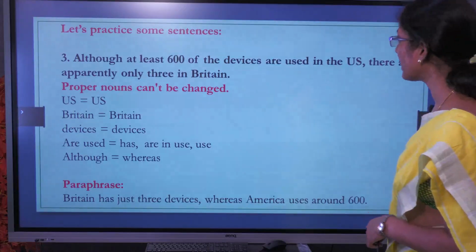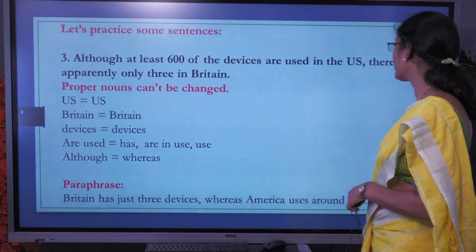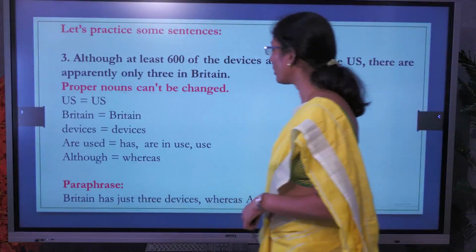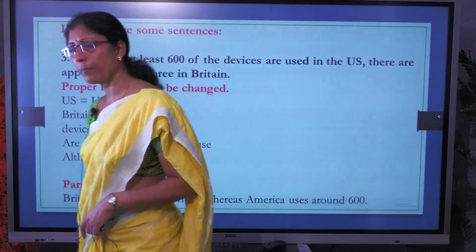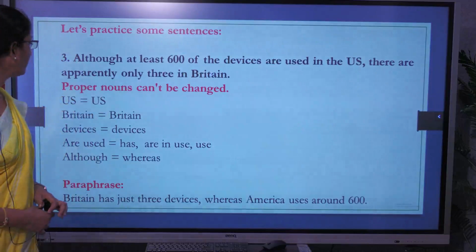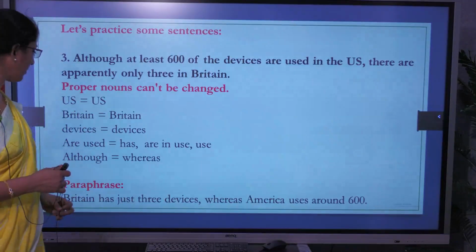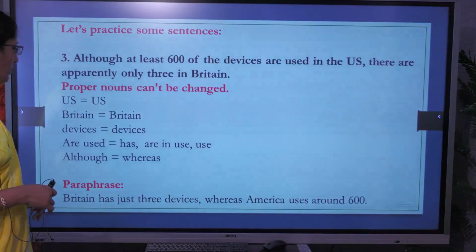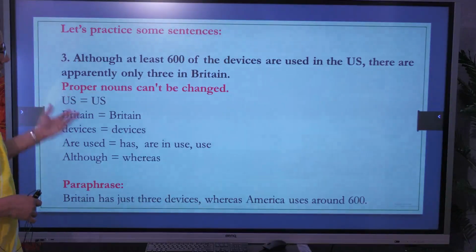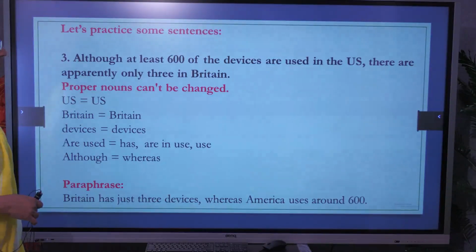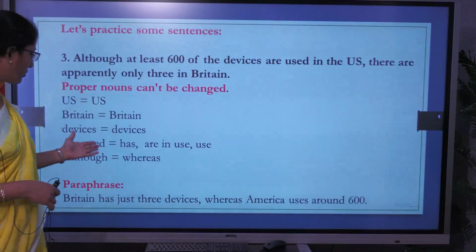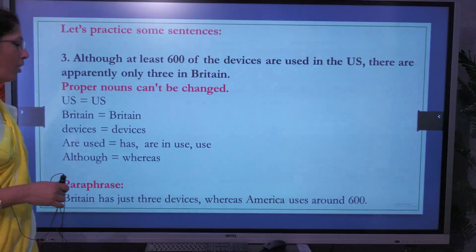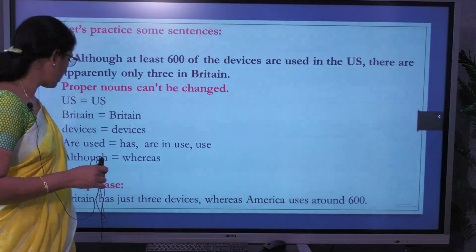Let us do the next sentence. Although at least 600 of the devices are used in the US, there are apparently only 3 in Britain. See that US and Britain can't be changed. Of course, for devices you can find another word, but in this case I didn't find any other word. In place of are used, we can use has, or in use, or use.